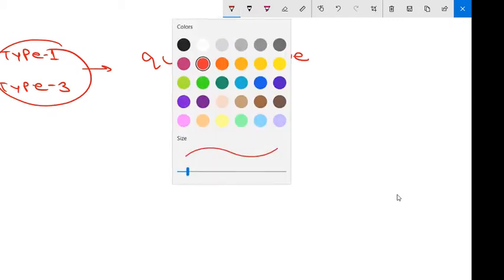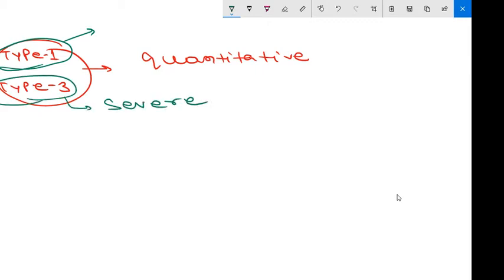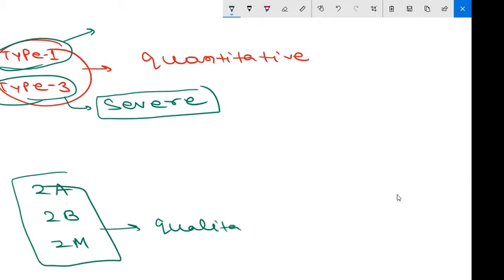Type 1 is partial quantitative von Willebrand deficiency, and type 3 is severe quantitative absence of von Willebrand factor. So type 3 is the severe form and type 1 is the partial deficiency. Clear? Now type 2A, type 2B and type 2M, these three are qualitative defects.